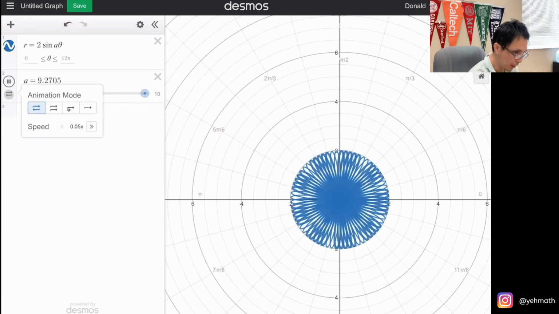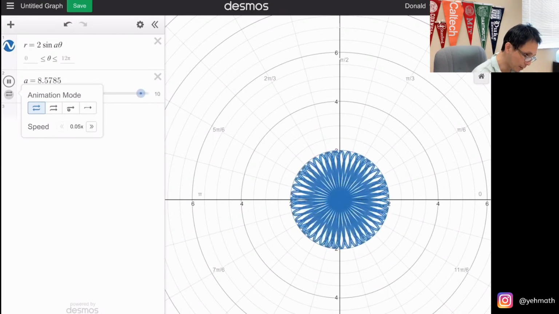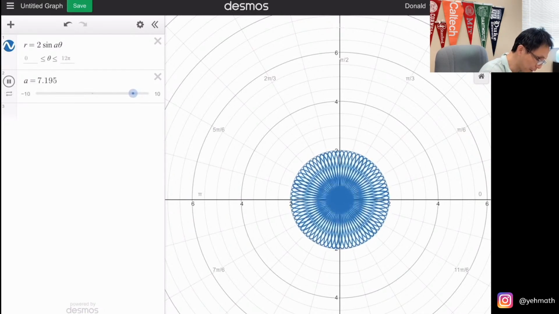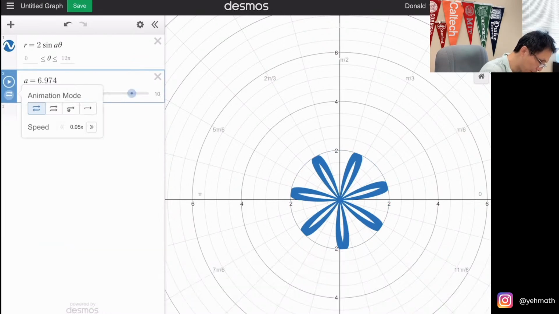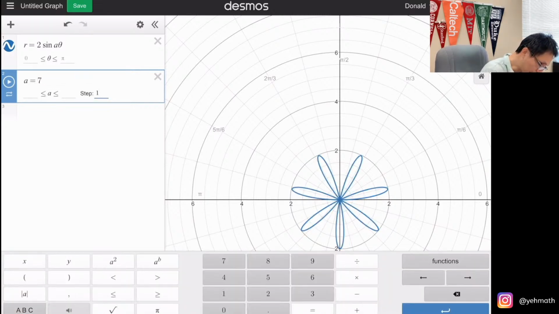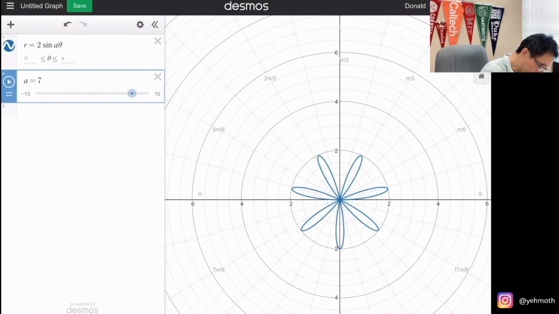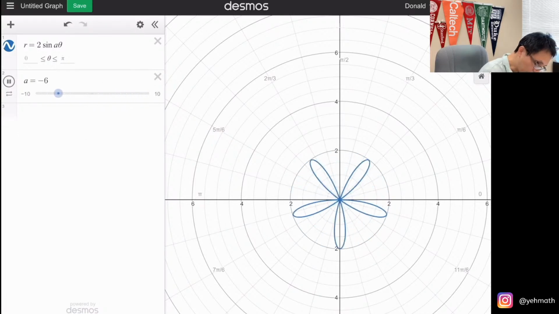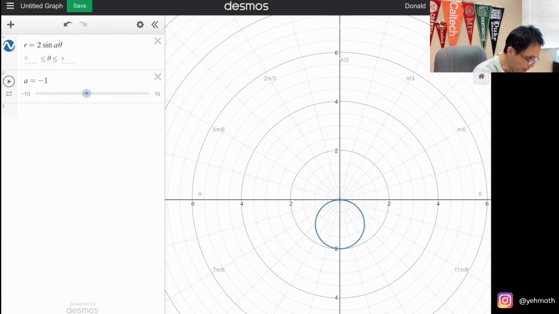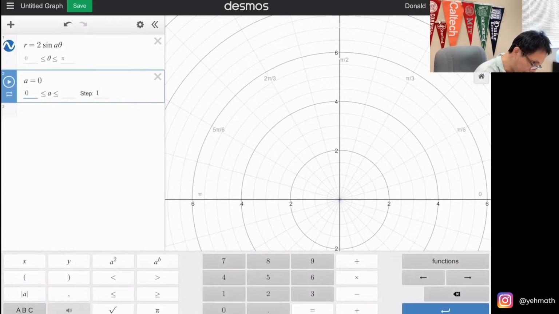If we just stick with integers, there's a step, so let's do one, and basically just decide how many petals there are. Don't worry about negative 1, just worry about 0 to 10.